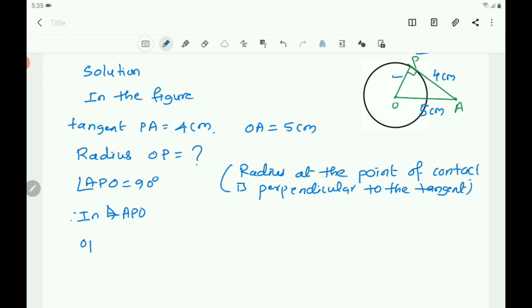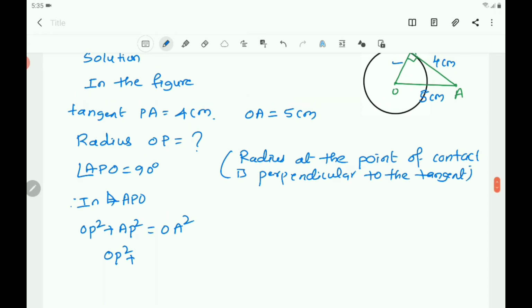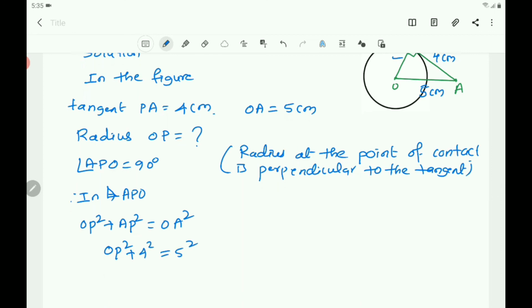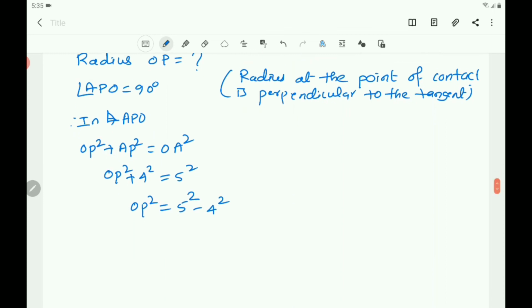OP square is to be found out. Then plus, what is the length of AP? AP means PA, that is 4 square. OA is 5 square. So OP square equals 5 square minus 4 square.